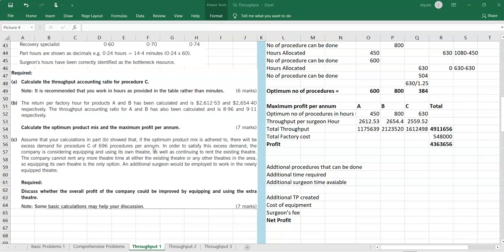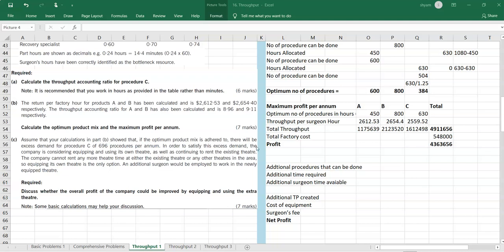So he's saying that there is still unmet demand. The assumption is the unmet demand for procedure C is 696 procedures per annum. So we don't need to take what we have calculated into account. There is still a surplus availability of 696 procedures.